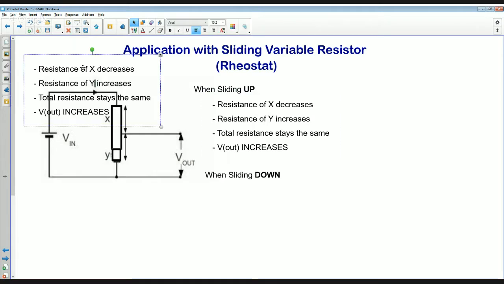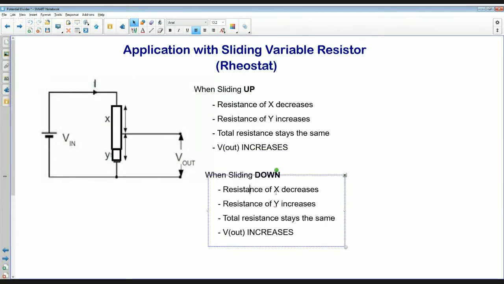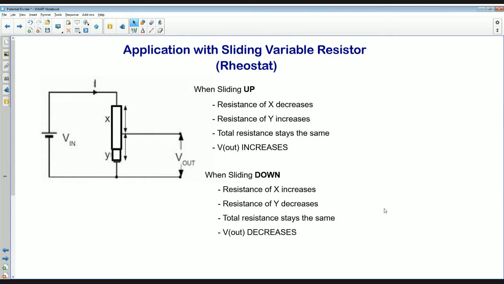So you tell me, the implications here: resistance of X, well, what happened to X? X has increased. Resistance of Y decreases. The total resistance is the same, so therefore V out decreases. All right, I hope I made this video a bit clearer for you guys to understand.